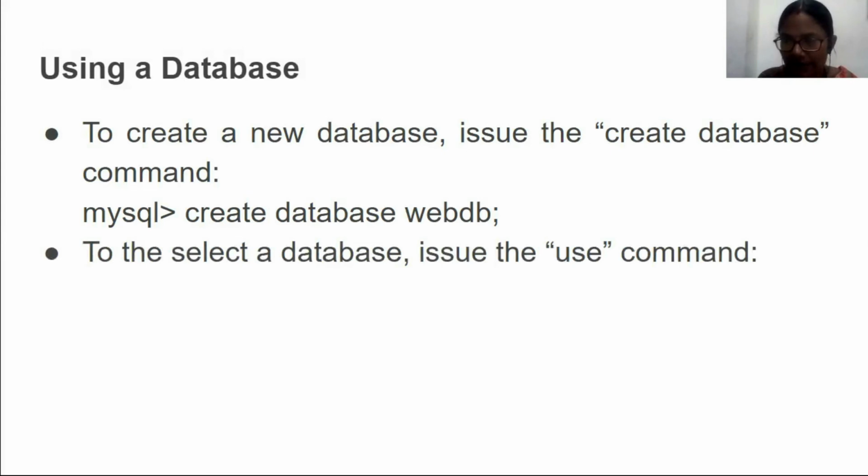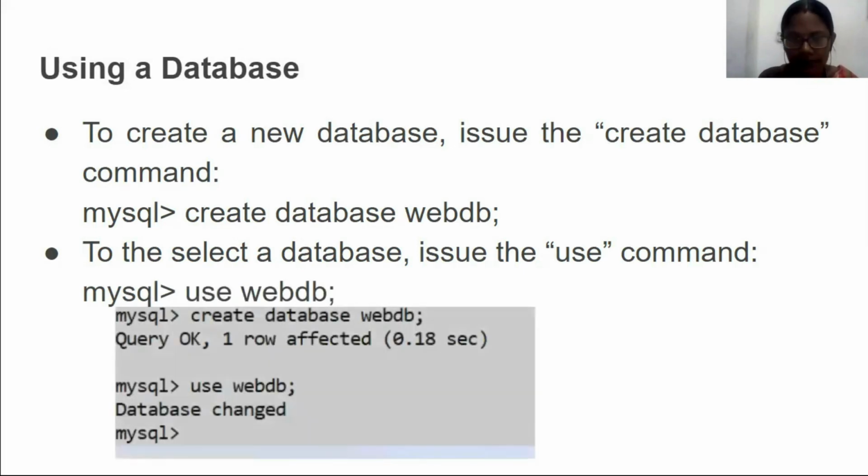Once you have created the database, you have to move to that database before creating a table. For that, you have to use a keyword called use, and after that the database name which you have created should be given. If you see here, I have created a database: create database WebDB. So that has been created. After that I have given use WebDB, and we have moved to the WebDB database.